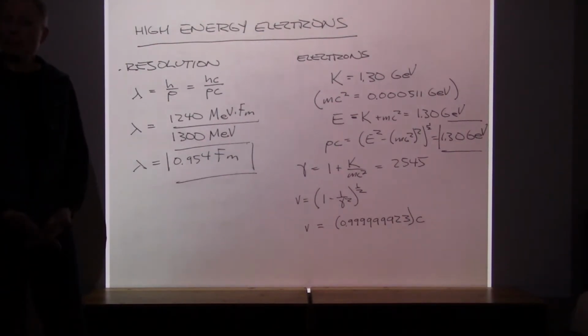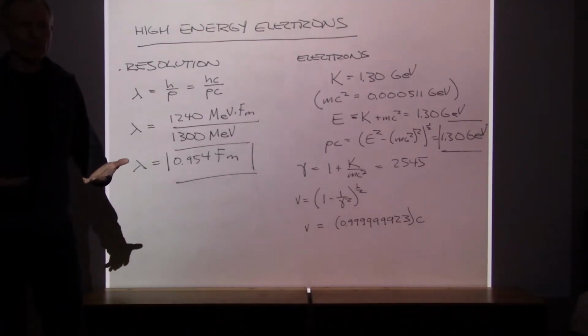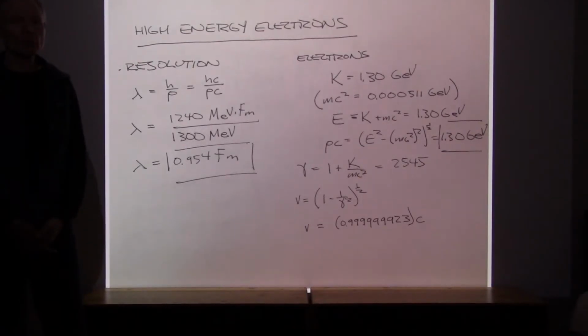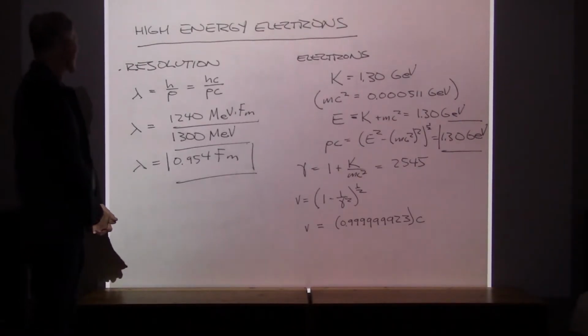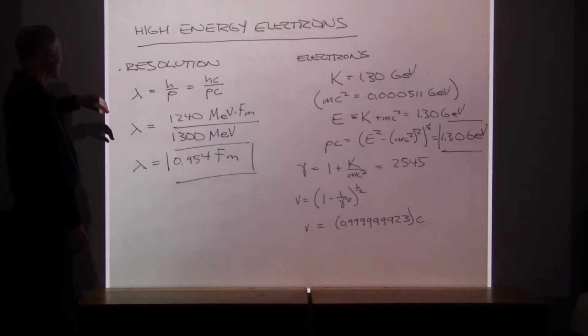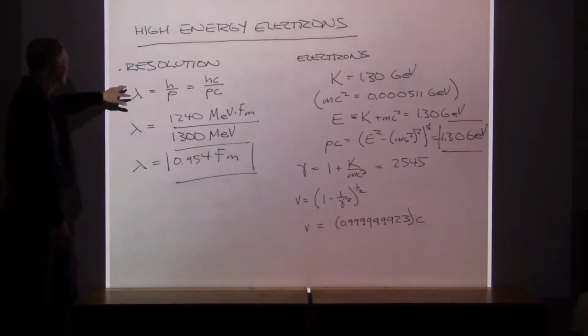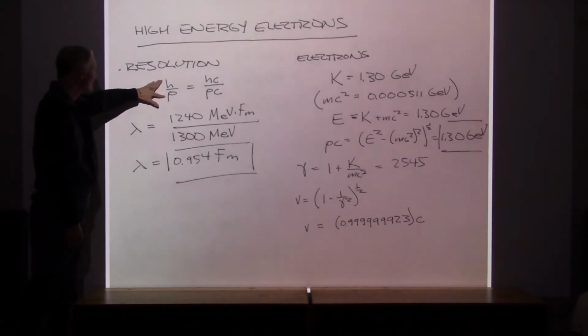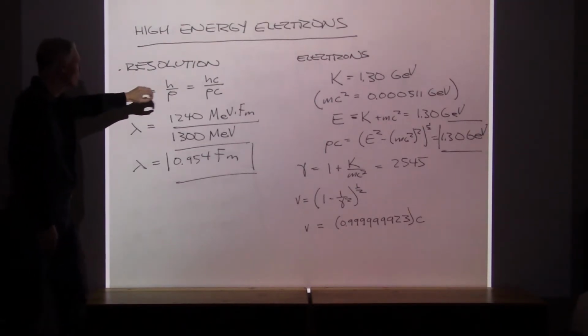From the scattering patterns, they collected evidence showing that the protons and neutrons were composite. All right, so in terms of resolution, let's get that set up. The wavelength is going to be Planck's constant over the momentum.